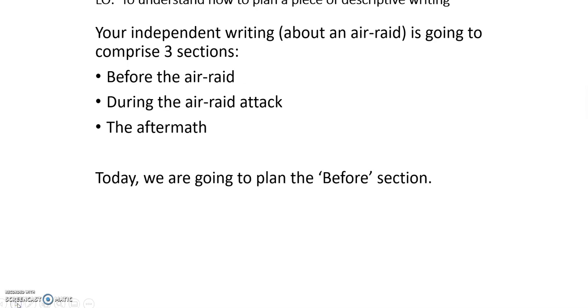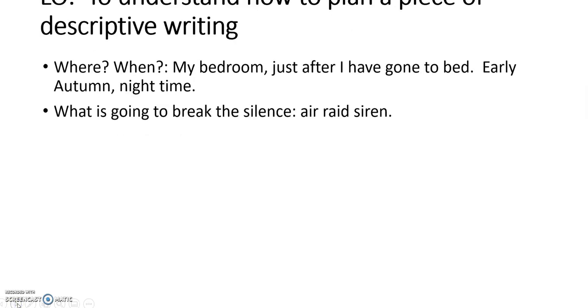And today we're going to plan the before section. So first of all, think about where and when you are going to be when this air raid takes place. And then what is going to break the silence? So that's going to be at the end of your paragraph and leading into the air raid itself.